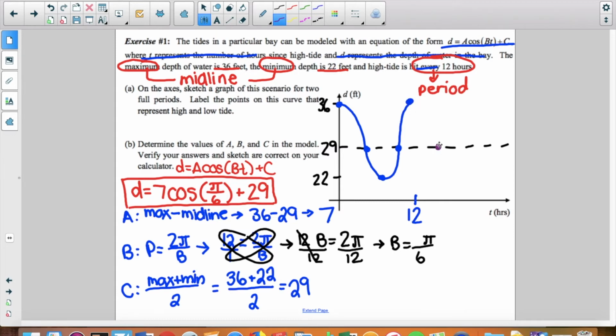Now we're going to go midline, below, midline, above. I just did a second cycle. And now another 12 hours has passed, which means that this should be 24. I did 2 full periods because that's what the question asked me to do. So that is this problem.